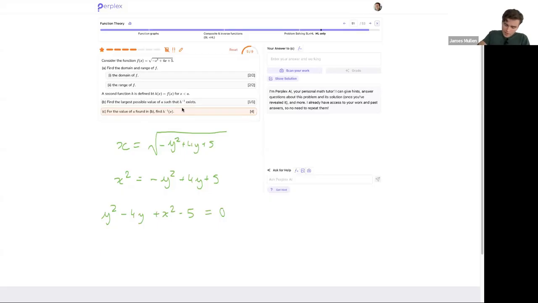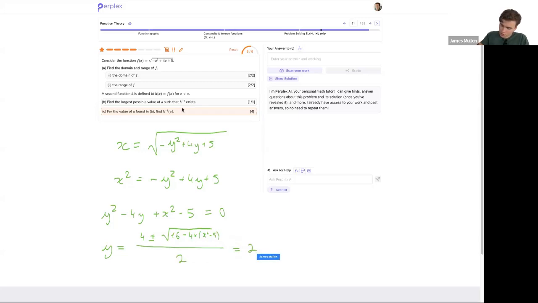So I'm going to say y is equal to negative b, which in this case is negative -4, so 4, plus or minus the square root of b² which is 16, minus 4 times a, which is 1, times c, which is x² - 5, and all that over 2.